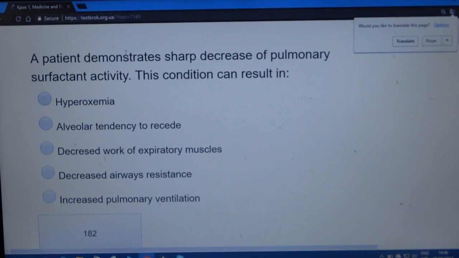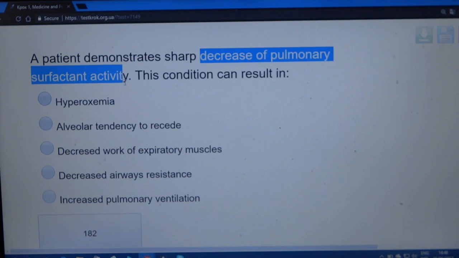A patient demonstrates sharp decrease of pulmonary surfactant activity. So, decrease of what? Surfactant activity. Now, a pulmonary surfactant is just a mixture of lipids and proteins which is secreted into the alveolar space by epithelial type 2 cells or alveolocyte type 2 cells.